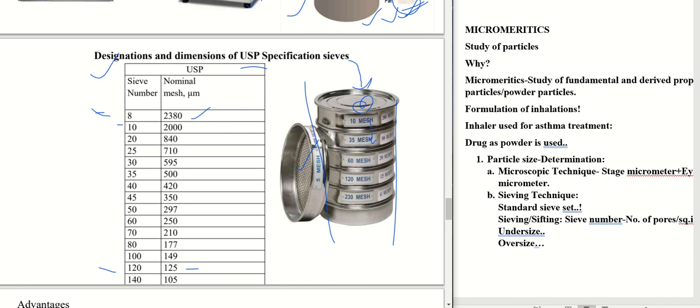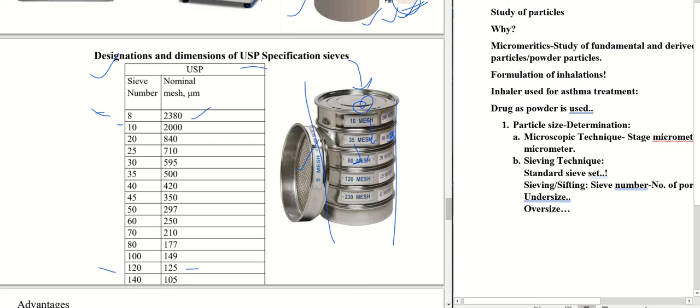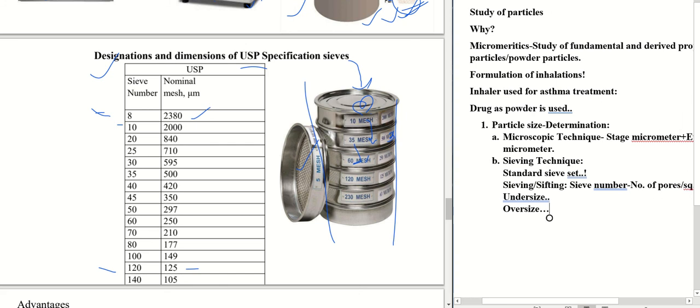After that, some will be retained on this one and some will move on to the next. The particles that are retained on the mesh are said to be oversized particles for mesh number 10.